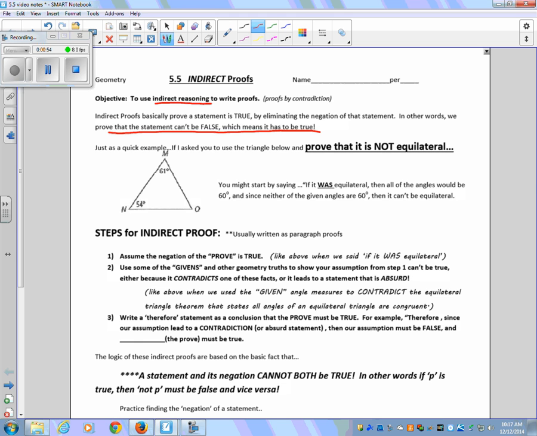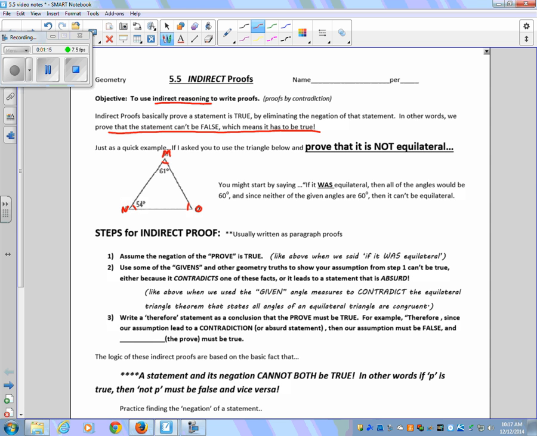Look at this triangle, NMO. If I said, prove that this is not equilateral, you might start by saying, well, if it was equilateral, then each of these angles would be 60 degrees.